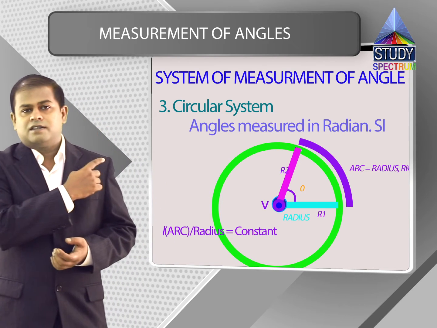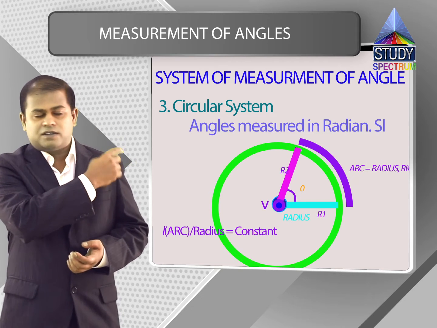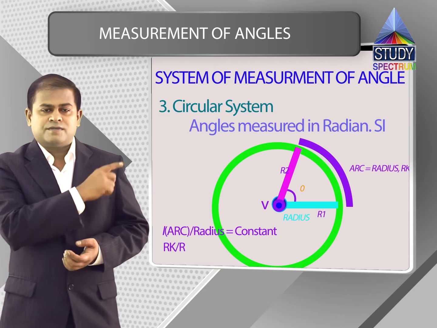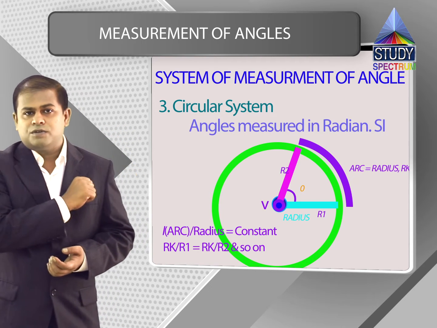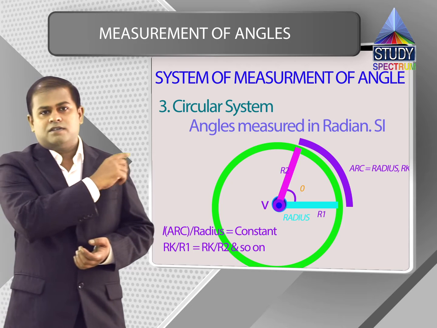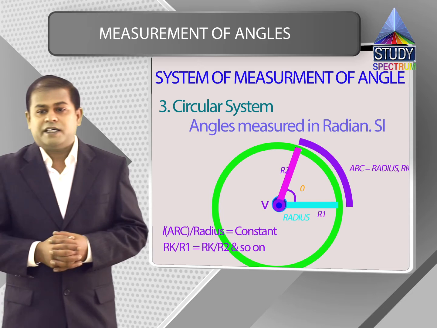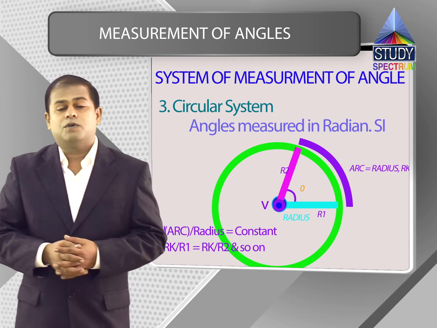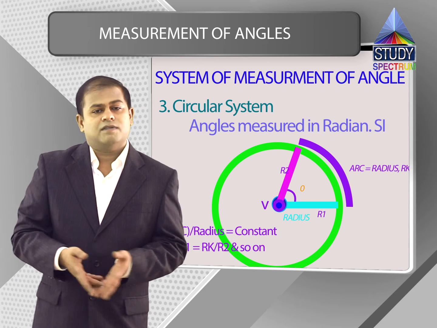So in this figure, first radius R1 and corresponding arc is S1. The ratio S1 by R1. Second radius R2 and length of arc is S2. The ratio S2 by R2. Similarly, S3 by R3. So this ratio is constant. S1 by R1 is equal to S2 by R2 is equal to S3 by R3 and so on.